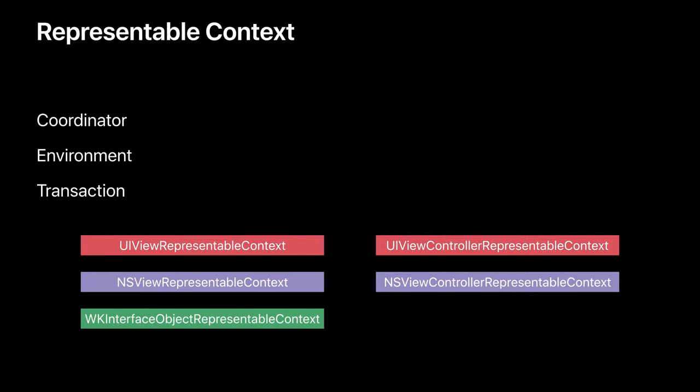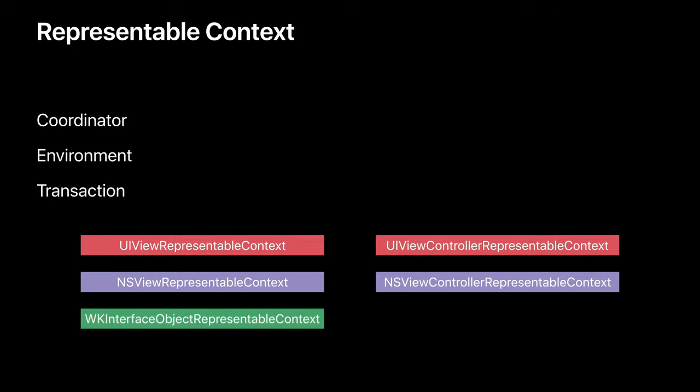The representable context has three properties. The first is the coordinator, which helps coordinate between your views and SwiftUI. The coordinator can be used to implement common patterns like delegation, data sources, and target action. The next property is the environment, which will help you read about SwiftUI's environment.